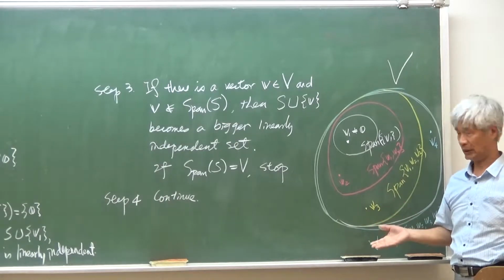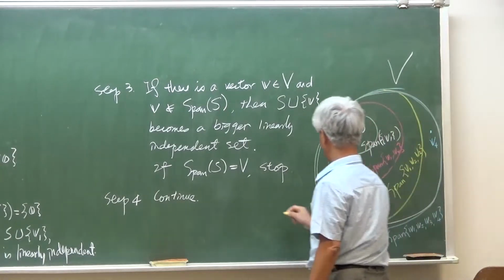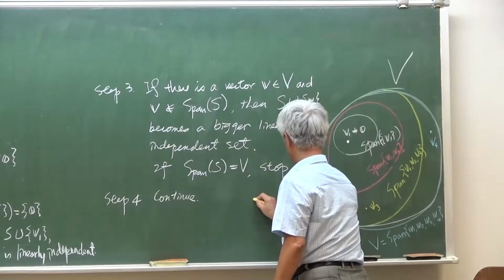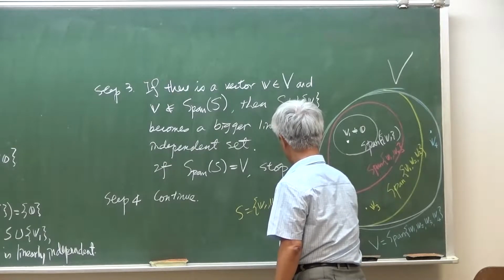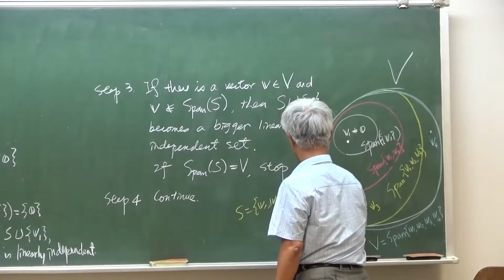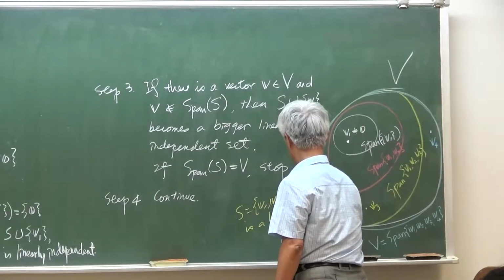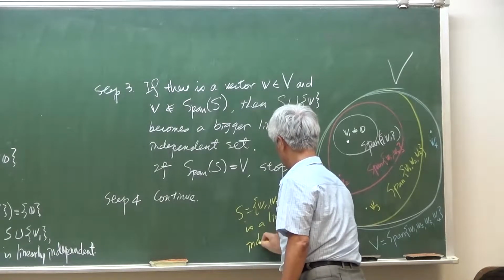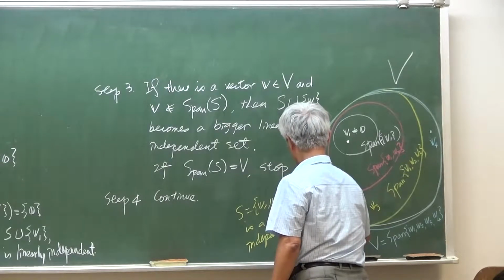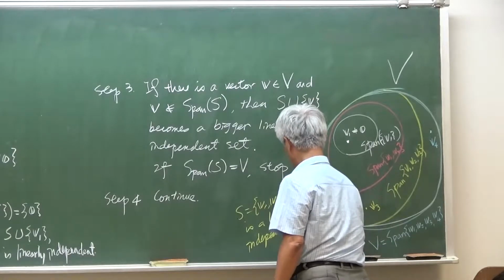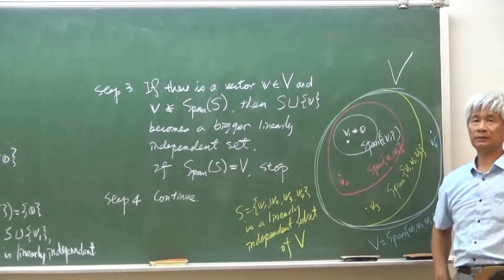So now the conclusion is that S equal to {V1, V2, V3, V4} is a linearly independent subset of V. So we finish our procedure.